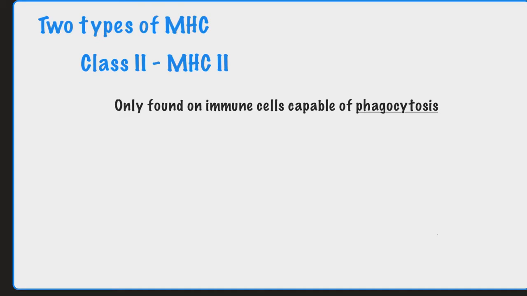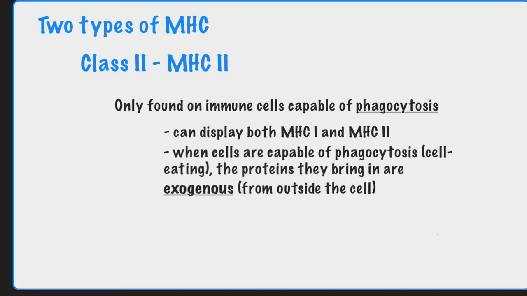So these specific immune cells that are capable of phagocytosis can actually display MHC1 and MHC2. But the MHC2 is only found on these cells that can undergo phagocytosis. And so these are going to be exogenous antigens, right? Antigens that were found outside of the cell and taken in. So they take it in, and as I had mentioned before, they break them down, and then some of those proteins can be displayed on the cell surface.